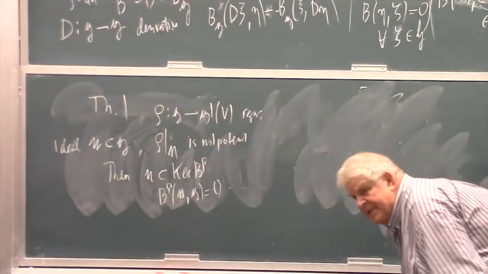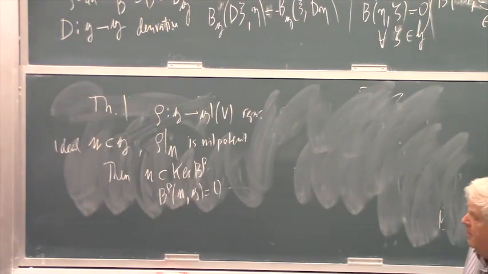It follows from this. By the way, I didn't say this to you. Kernel B rho is an ideal because it is the orthogonal complement to 0. Orthogonal complement to any ideal is an ideal. 0 is an ideal. Difficult to disagree. And kernel B rho, by definition, is the orthogonal complement to 0. So it is an ideal.